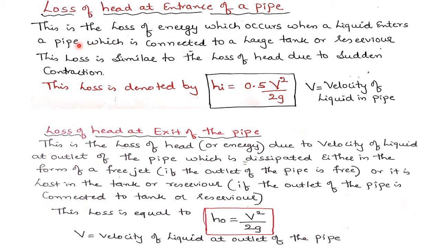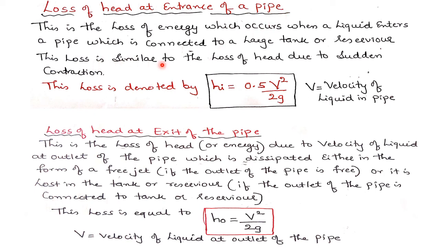That means, let me read here. This is the loss of energy which occurs when a liquid enters a pipe which is connected to a large tank or a reservoir. If the pipe is connected to a tank or a reservoir, when the liquid enters the pipe, at the beginning only, whatever losses take place, that is called the loss of head at the entrance of the pipe.